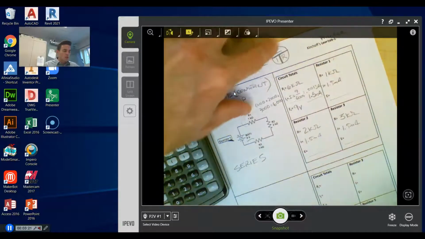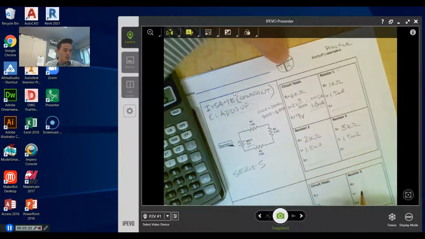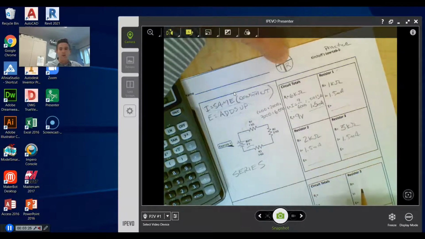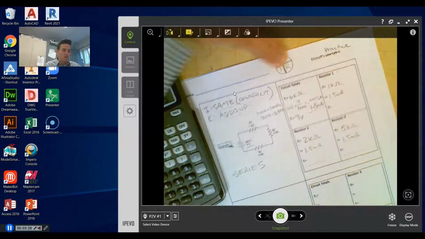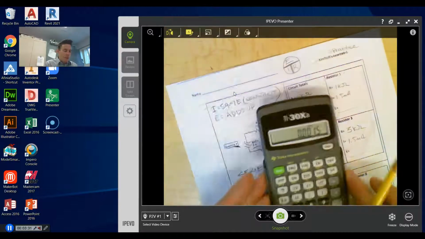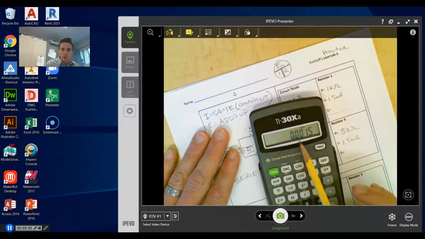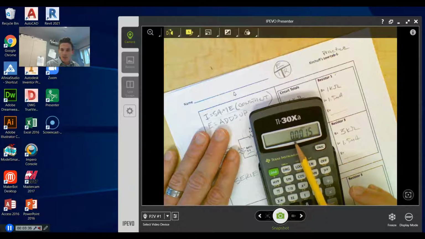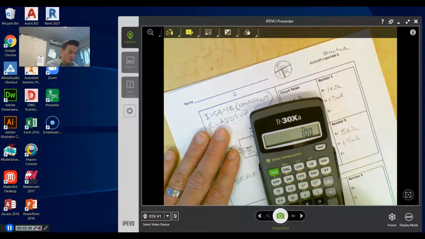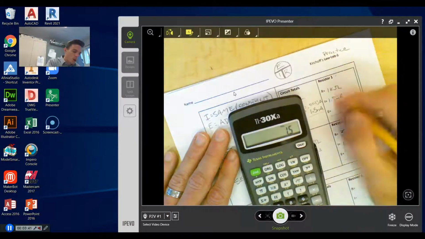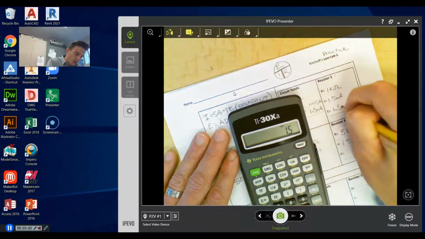So voltage, again, looking at our circle up here, I cover that up, is equal to current times resistance. So 1.5 milliamps, which again we need to convert, so I already have it in my calculator, 0.0015 times 1,000 is equal to 1.5 volts.